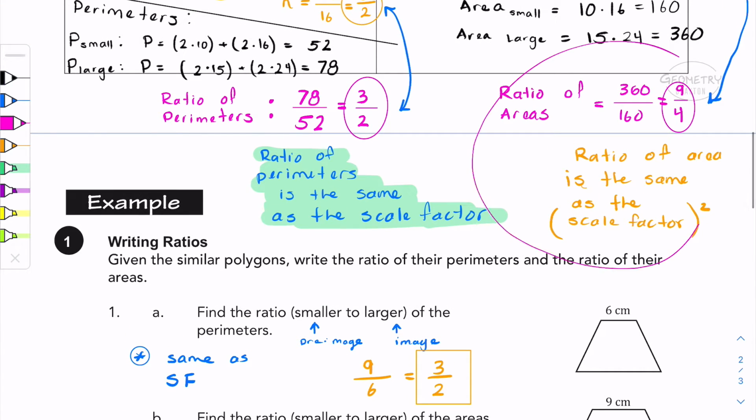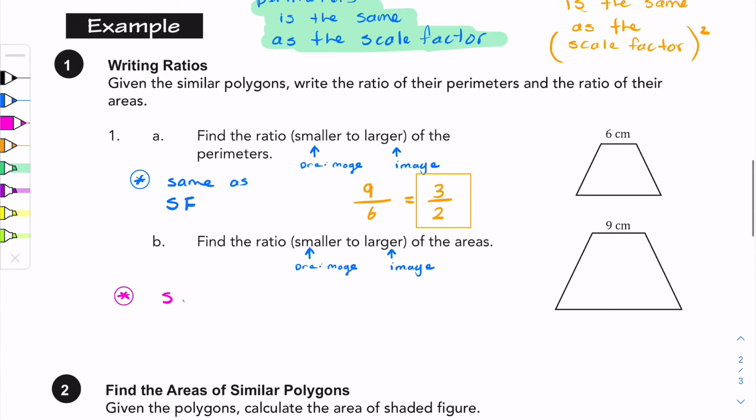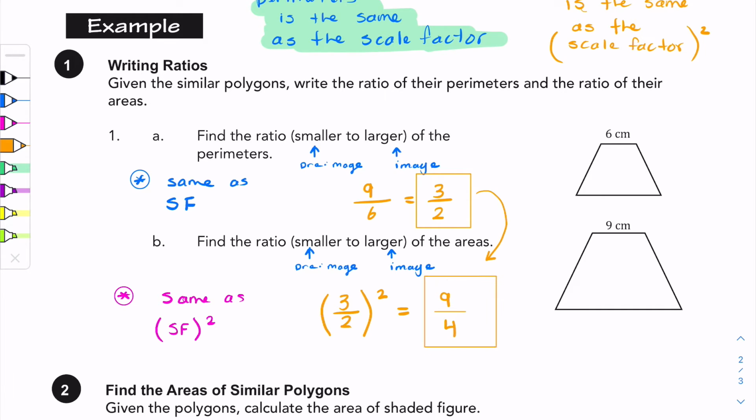We found that right here. So same as, abbreviated as SF, for scale factor squared. That means we can take the scale factor from part A, which is 3 over 2, the scale factor between the figures. We can square this value, and that's going to give us 9 over 4. 9 over 4 is going to be the ratio of areas.